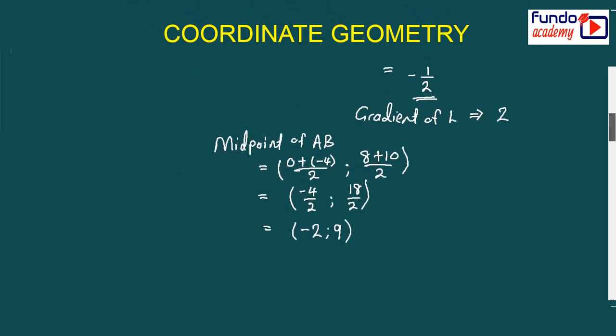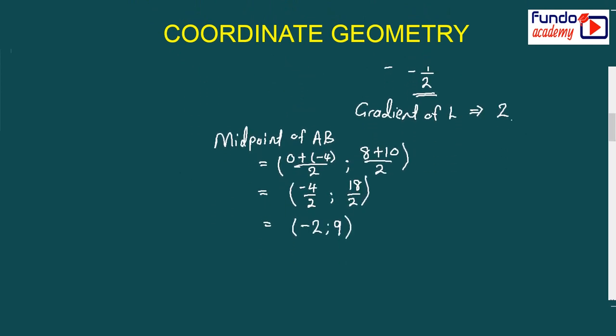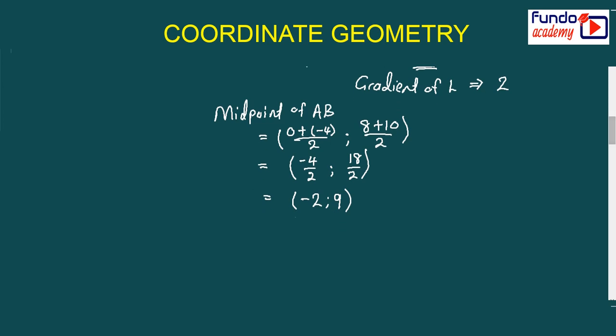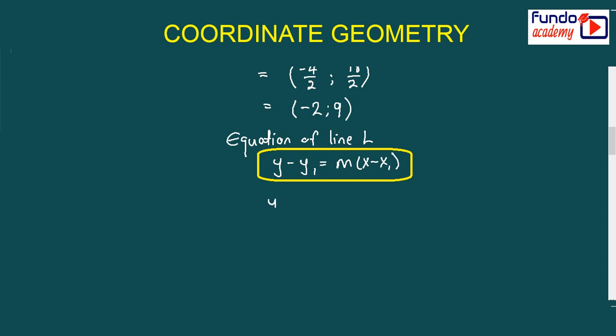Now, since we have the gradient of line L and a point on line L, which is the midpoint of AB, we can find the equation of the line L using our formula y minus y1 is equal to m times (x minus x1). So we'll have y minus 9 is equal to the gradient, which we found to be 2, times (x minus -2), so it becomes x plus 2.